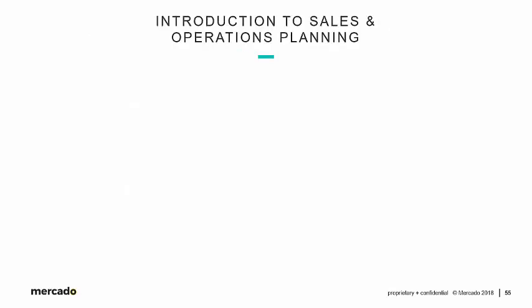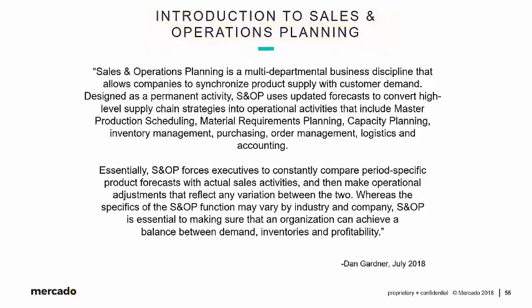Let's wrap up this section and this module with an introduction to sales and operations planning. We'll see more of it in the future. This is an introduction. Here's a definition developed in July of 2018. Sales and operations planning is a multi-departmental business discipline that allows companies to synchronize product supply with customer demand.